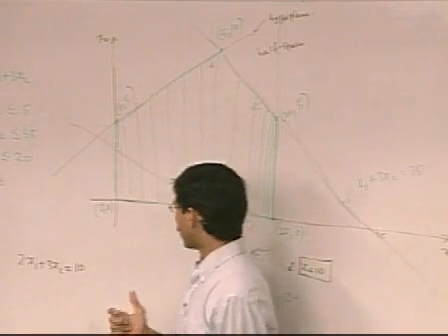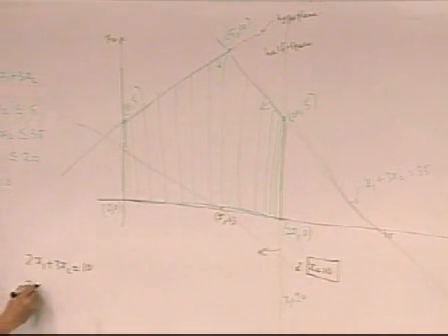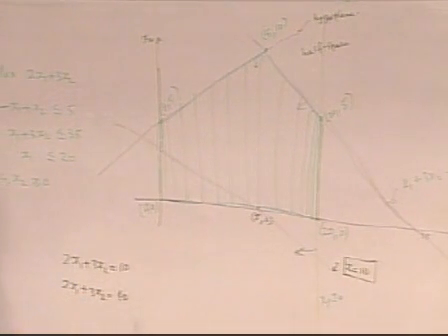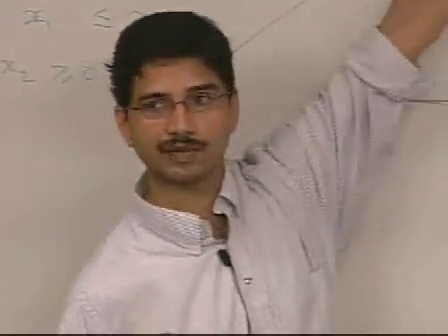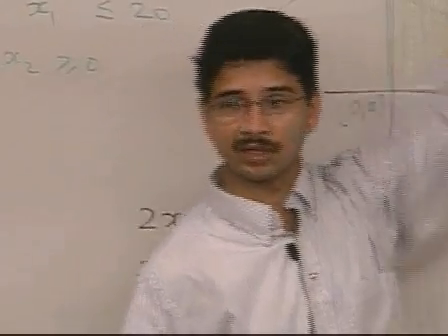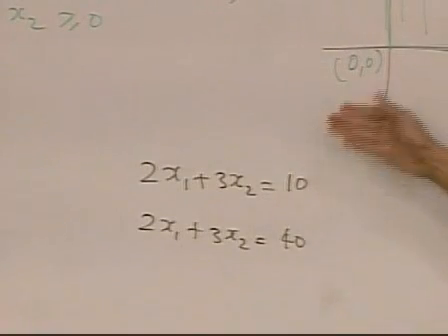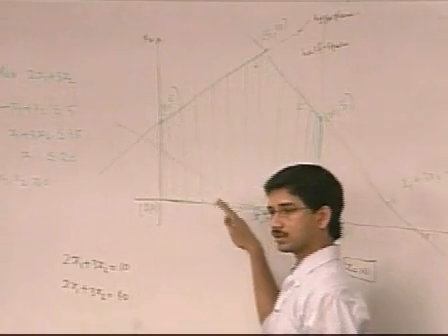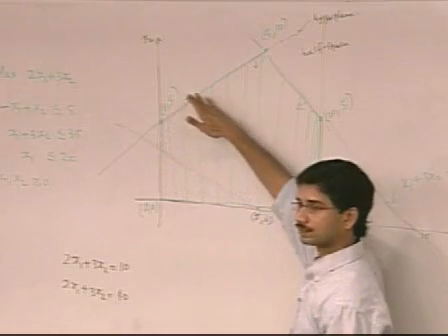Now, the line 2x1 plus 3x2 equals 10 and the line 2x1 plus 3x2 equals 40, these two are just parallel lines, right? It's just taking this and shifting it upward because that's the direction in which the objective value increases. So rather than actually examining this continuum of values and checking whether that line intersects the feasible region, you can think about taking this line and pushing it upward.